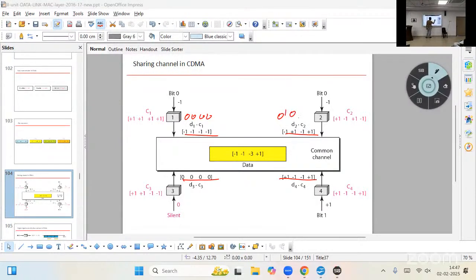Again next is complete silent mode. Okay, this is silent mode. Remaining is here 1 0 0 1. So when they want to send the data, first we allocate the codes. The code +1 indicates 1, -1 indicates 0, and 0 indicates silent mode. The channel is complete, this channel is silent.